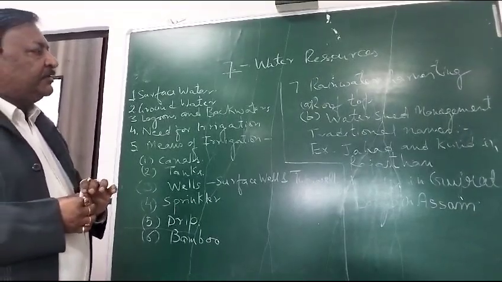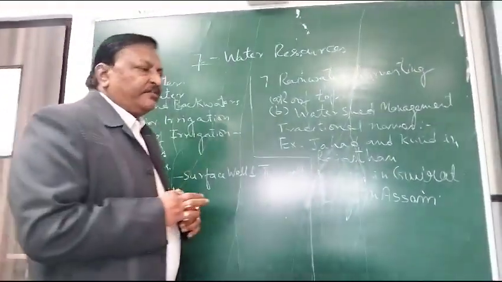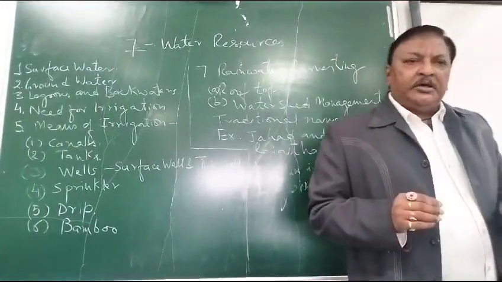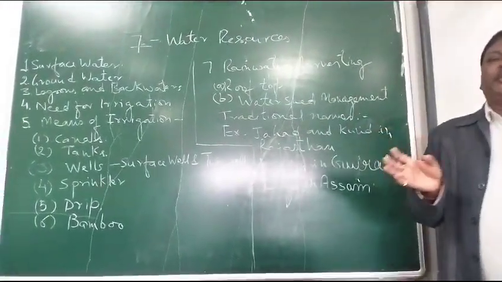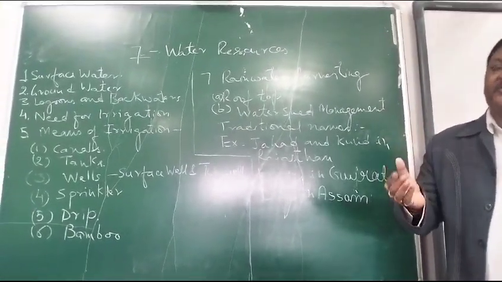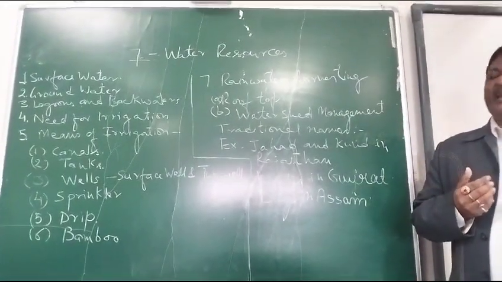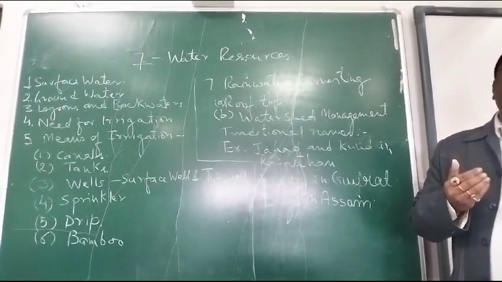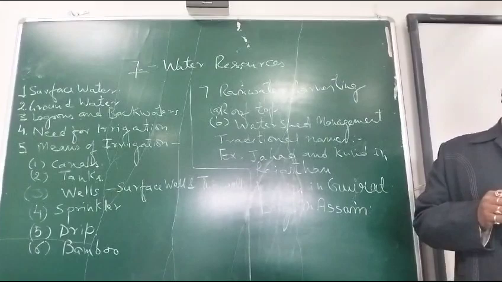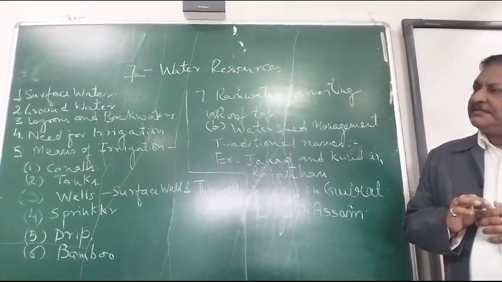So what we do is we make certain kinds of structures so that the flow of this water becomes slow, so that it gets stored somewhere and gets the time for groundwater recharging as well. Later, when this recharging happens, the groundwater level increases, and this water gets stored for the future as well.